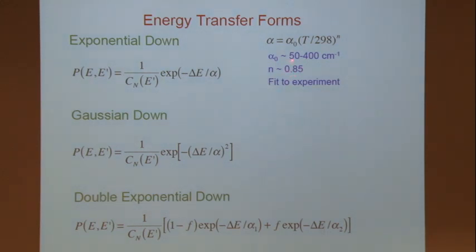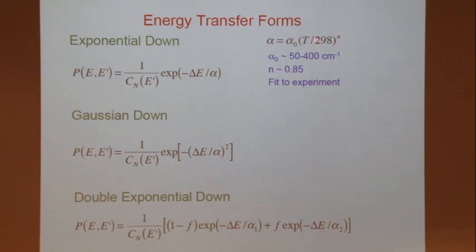They always get alpha values in this range, sort of 50 to 400 wave numbers. But they usually don't have proof that it's really this shape. They just know that you get the overall rate correct if you take alpha in this range somewhere. But different experiments would get different alphas. Some people get 50, some people get 120, some people get 240. So who knows?